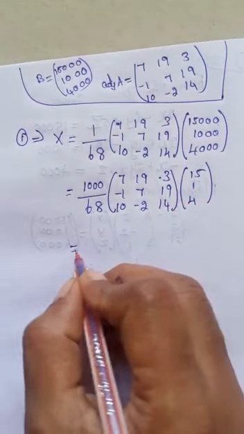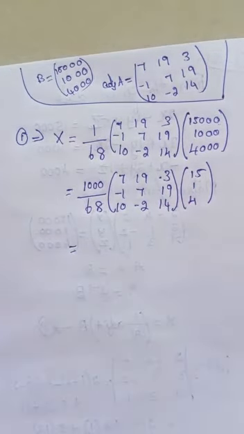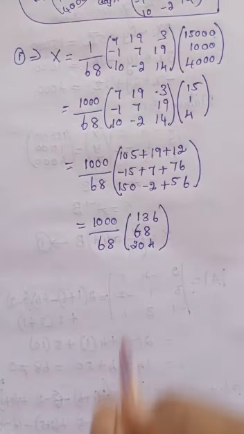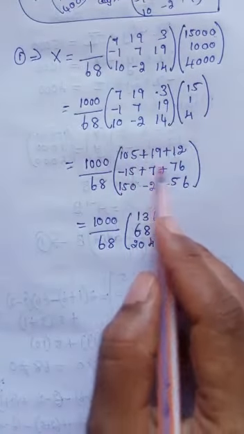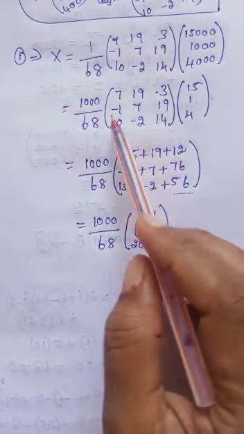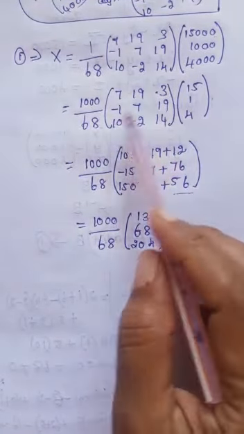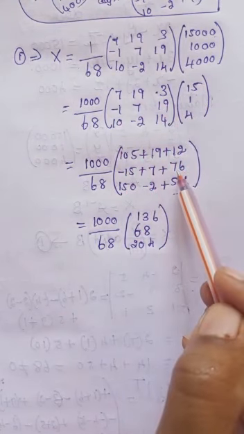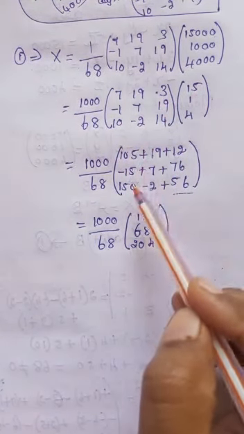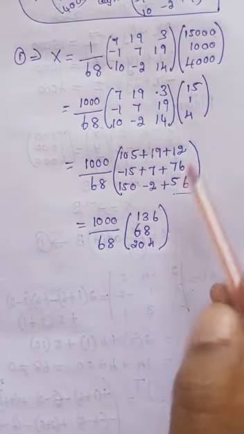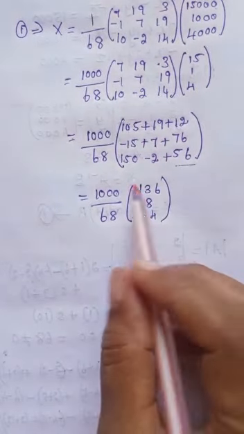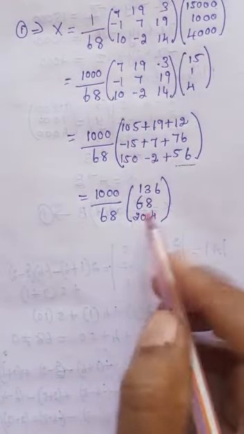Now ordinary multiplication, we have to multiply and find it out. Since you know the multiplication, directly I have written the answer. 105 plus 19 plus 12 minus 15 plus 7 plus 19 into 4, 76. This is 150 minus 2 plus 56. Just add it and check it, okay?